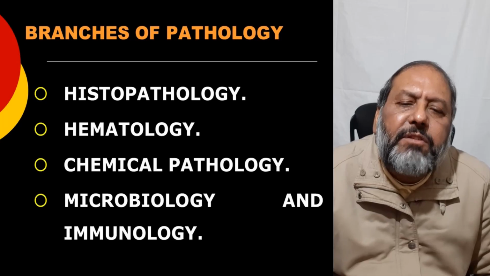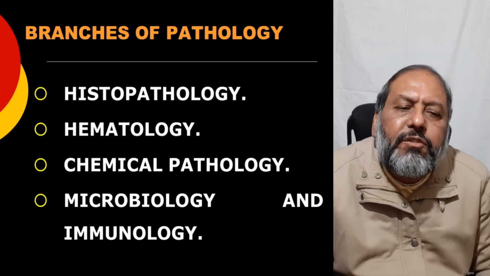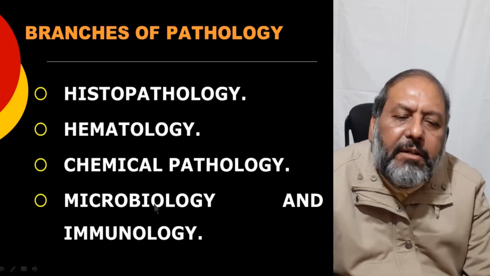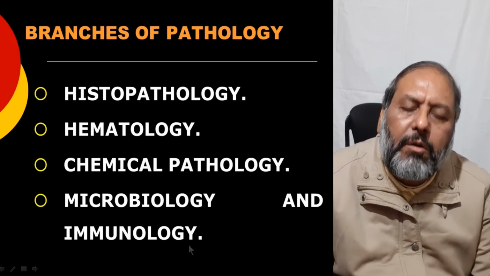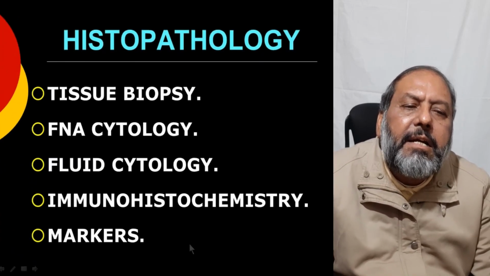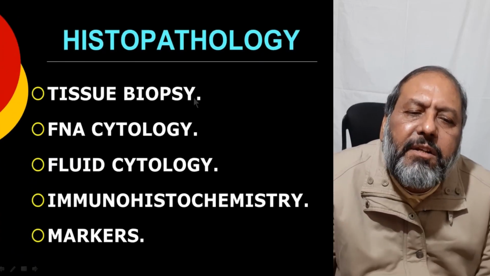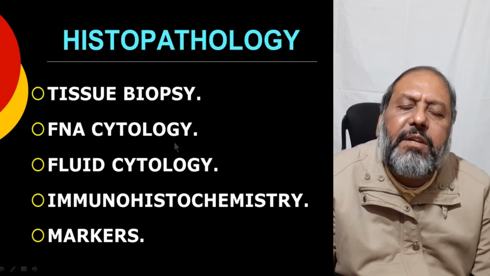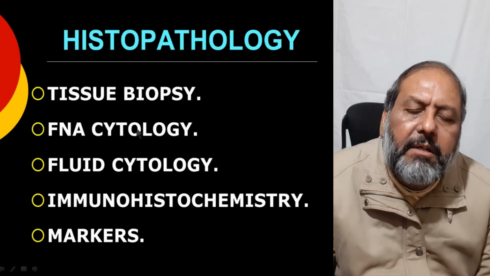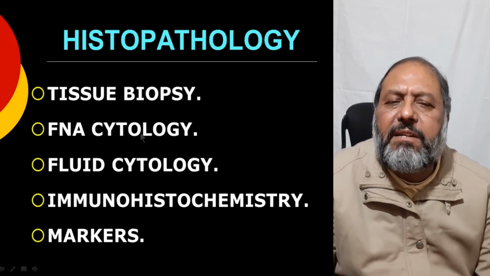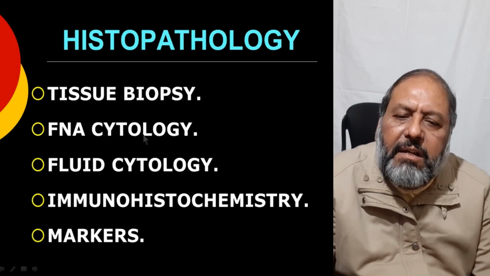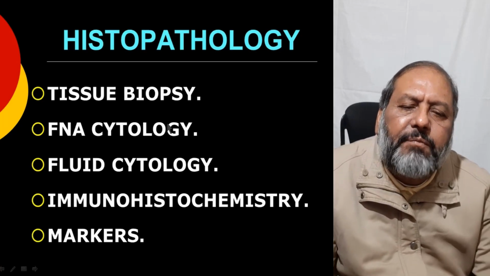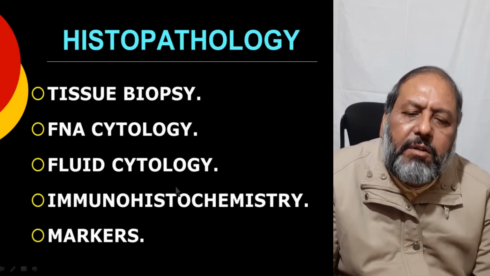Now there are different branches of pathology. These are histopathology, hematology, chemical pathology, microbiology and immunology. Histopathology deals with tissue biopsy and FNA cytology, when we aspirate material from the different lesions and tumors of the body with a needle, which is called fine needle aspiration, and we take out the fluid and study that fluid, which is fluid cytology.